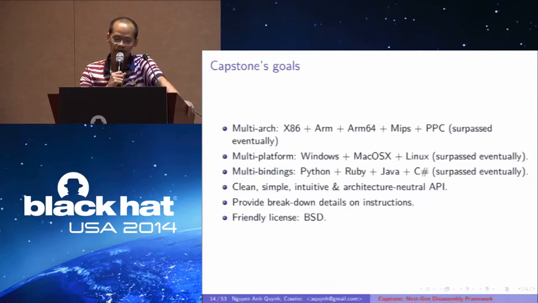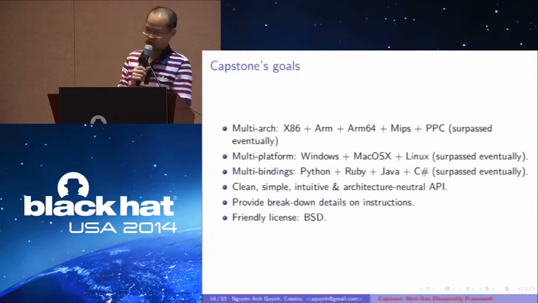But I suspect that might never happen. Nobody would solve my problems, and I would wait forever. So I decided to take the problem into my own hands and solve all the issues once and for all. So I set out my goals for Capstone.